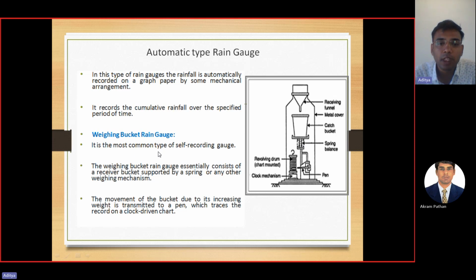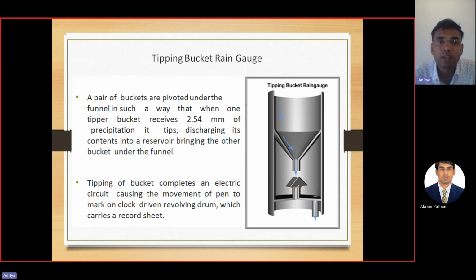You can say a mass flow graph is generated. It is the most common type of self recording rain gauge, and the weighing bucket rain gauge essentially consists of a receiver bucket supported by a spring or any other weighing mechanism. The next type is the tipping bucket rain gauge.